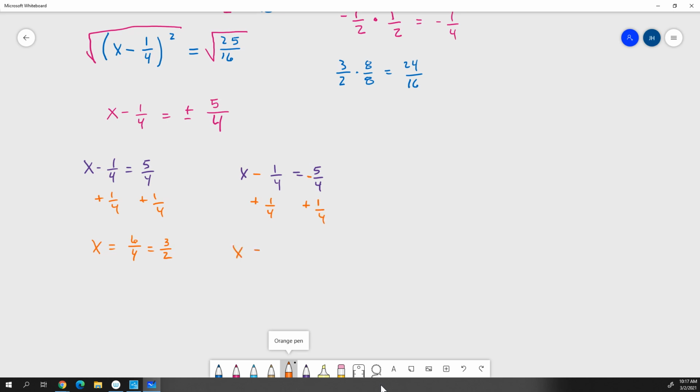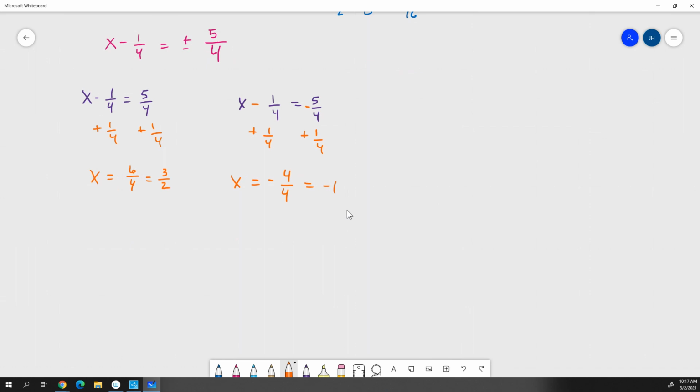And I'm going to get x equals, well, now I have minus 5/4 plus 1/4, which gives me minus 4/4, which is just negative 1, right? 4 over 4 is just 1, and we got a negative there. So our two solutions are going to be x equals 3 halves and x equals negative 1.